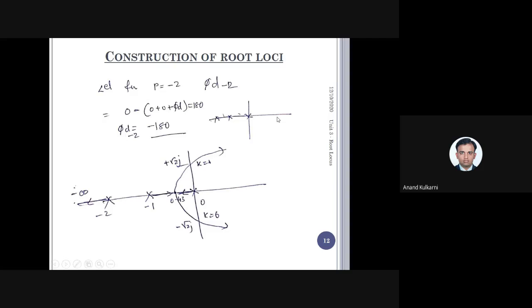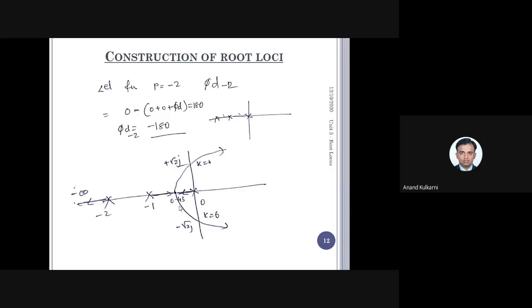That means as k goes on increasing, zeta goes on decreasing. Zeta will become equal to 1 when they meet each other, that is at 0.43. Is this interpretation clear to you?